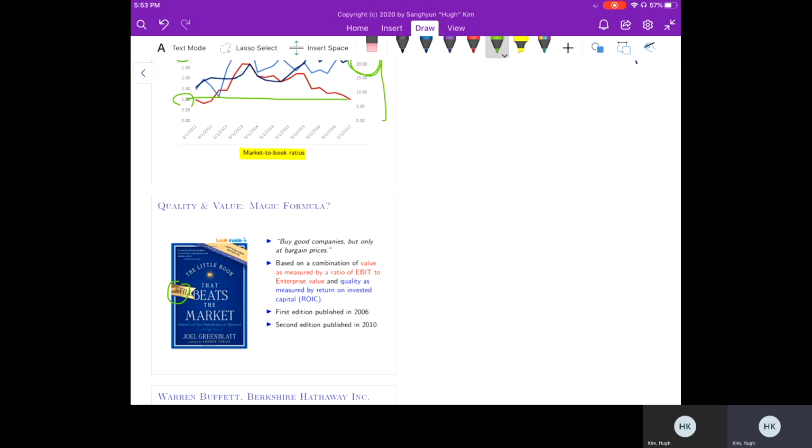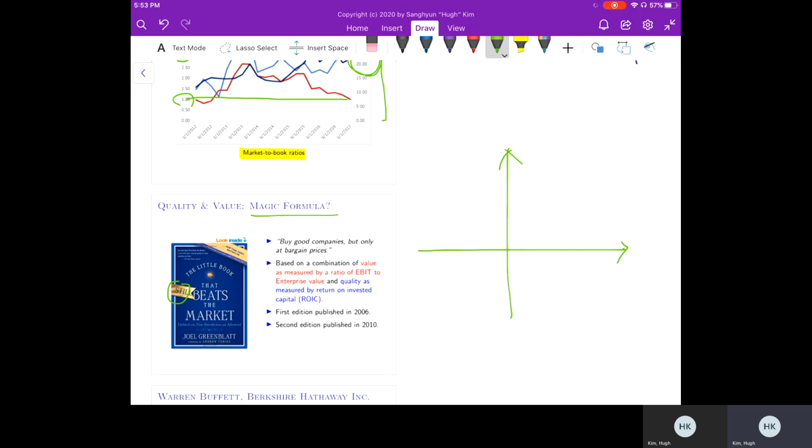Joel Greenblatt is a hedge fund manager of Gotham Capital. So he advocates this strategy, combining value and quality. He proposed what he named the magic formula.